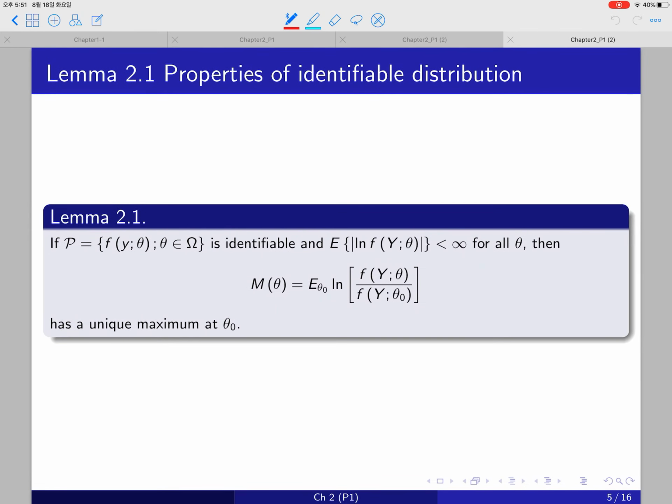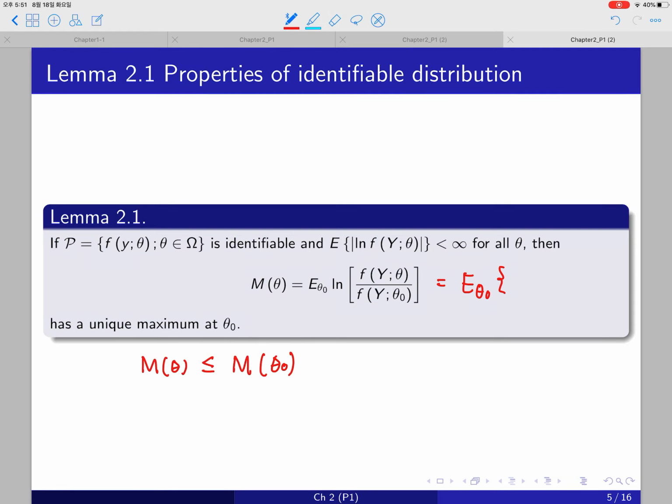Now, Lemma 2.1 presents an important property of an identifiable model. Define M(zeta) as the expectation of log f(y; zeta) minus log f(y; zeta_0). You can see that this is a function of zeta.